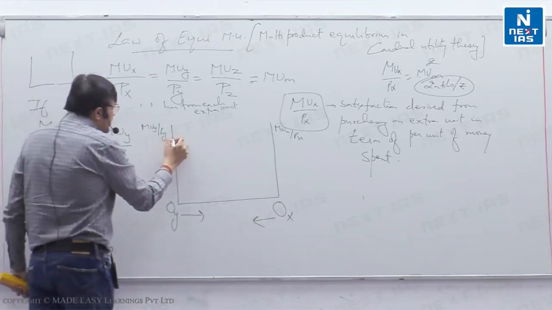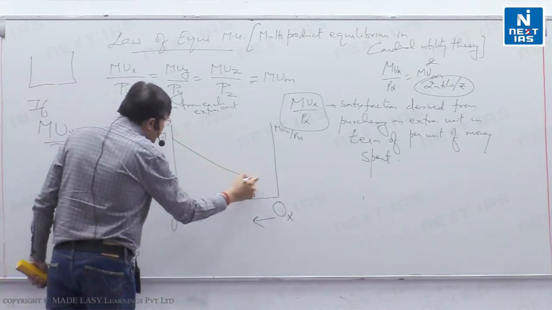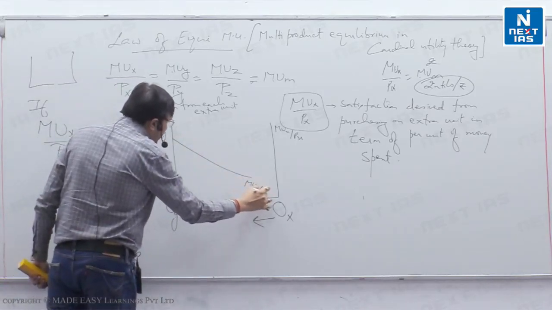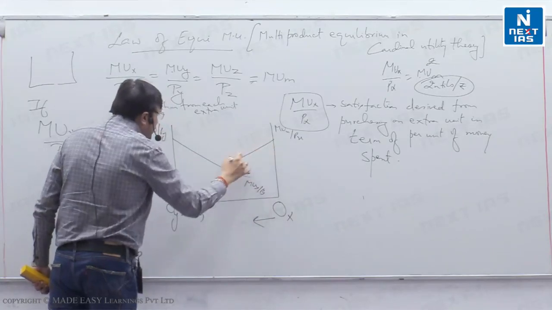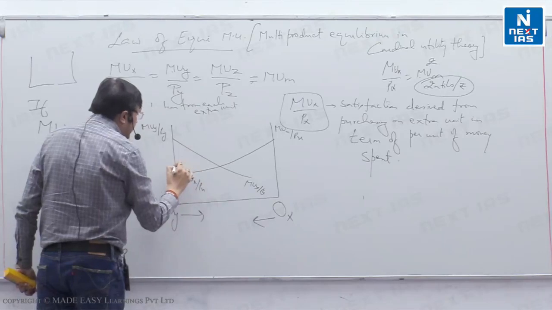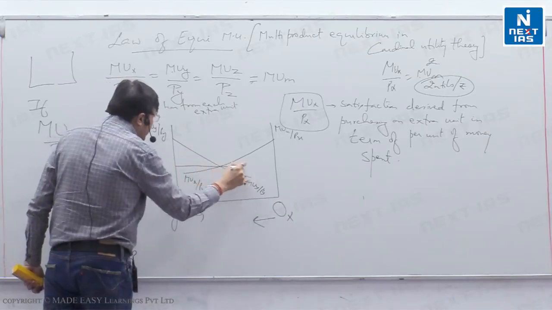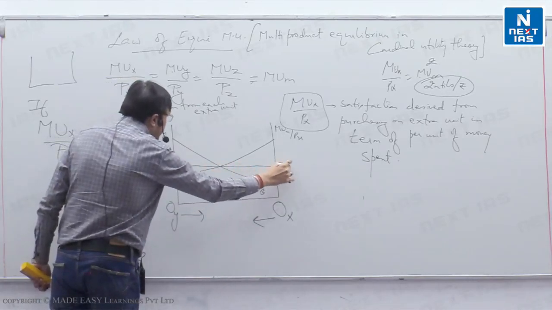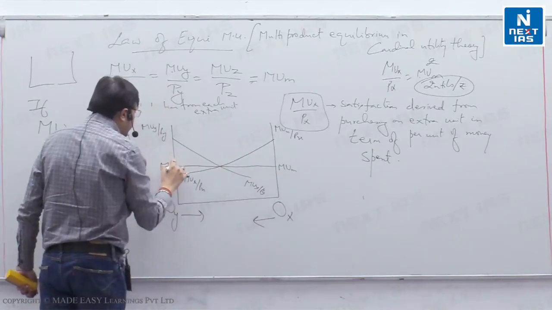Then this can be my MUY by PY line, and this can be my MUX by PX line, and this can be the MUM line.